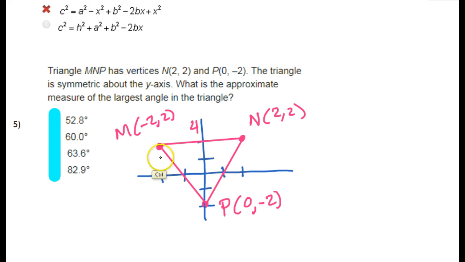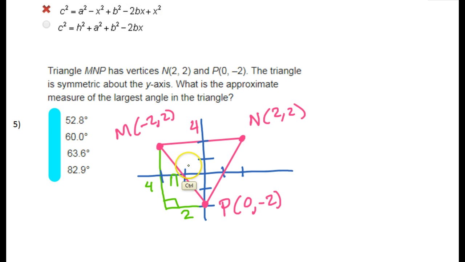Well, let's just go ahead and find the length of one of these sides. Let's say I call this n. I want to find the length of n. There is a right triangle that sits like this, where n is the hypotenuse. The little horizontal distance right here is 2, and the vertical distance right here is 4.